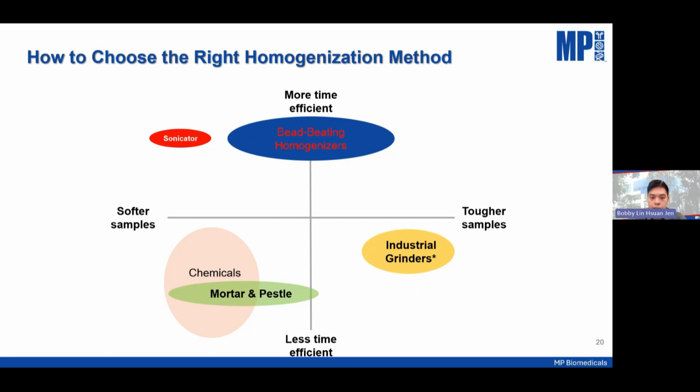So with that being said, here is a summary of the different homogenization methods for you to choose from. Generally, we can see that bead-beating homogenizers are more balanced from softer samples up to tougher samples. And it's also the most time-efficient way of homogenizing.